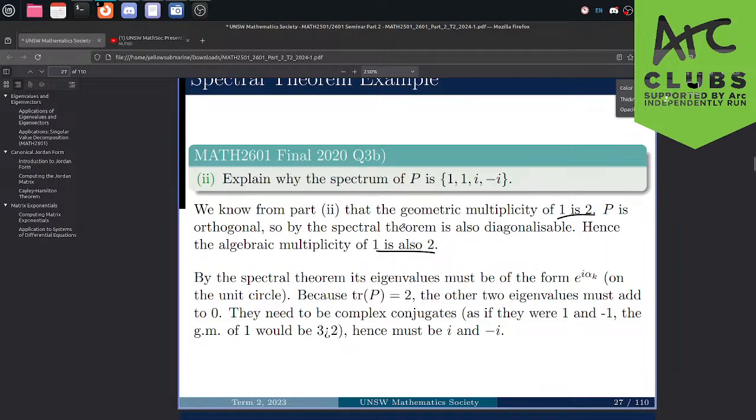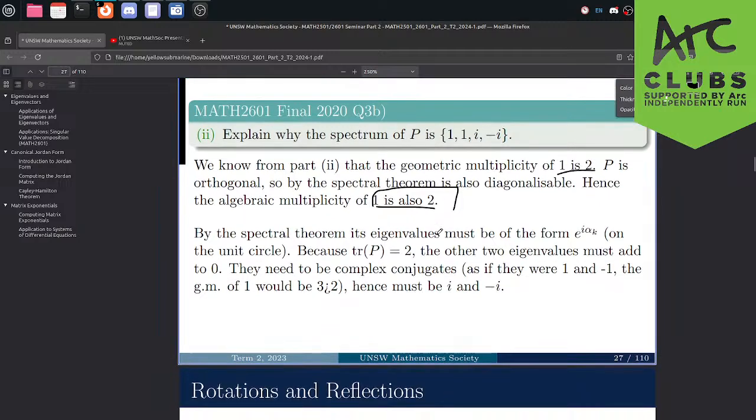Sorry, not from the spectral theorem. We know the algebraic multiplicity is also 2 because for a normal matrix, the direct sum of all your eigenspaces will be equal to 4, which is the dimension of the space the matrix operates in. That allows you to conclude what the algebraic multiplicity is.